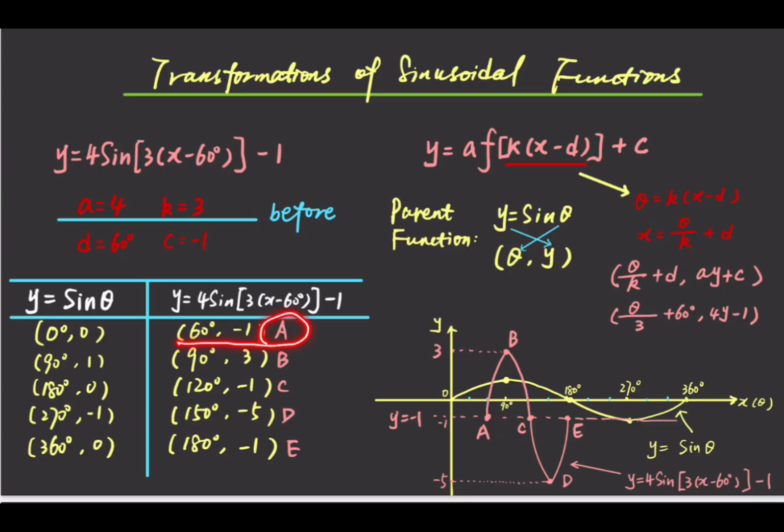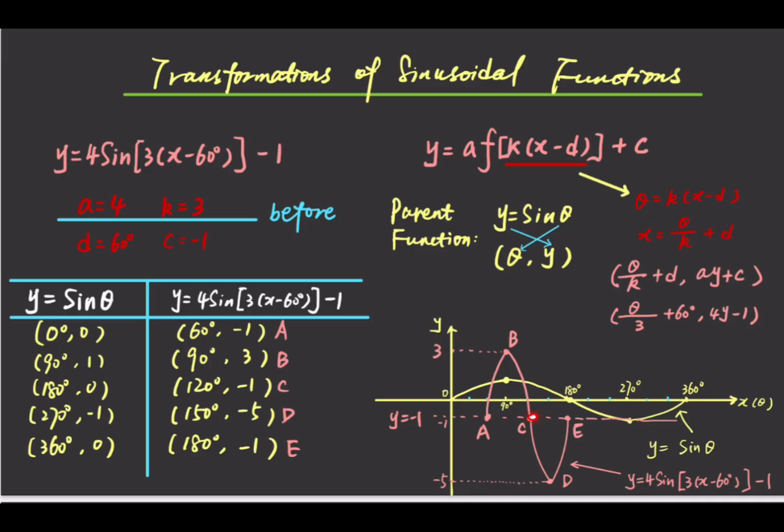We can locate this point A in the same Cartesian plane. It will be here. For every critical point, we can make use of these two expressions to figure out the corresponding x-coordinate and y-coordinate on the transformed function. So we can figure out this point, its image point should be this one. Point B will be here. This point, its image point should be 120 degrees, -1.